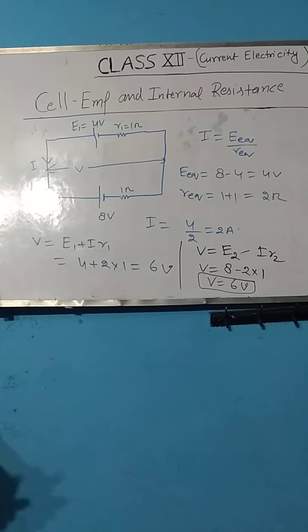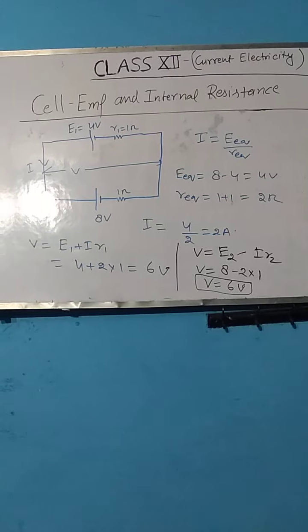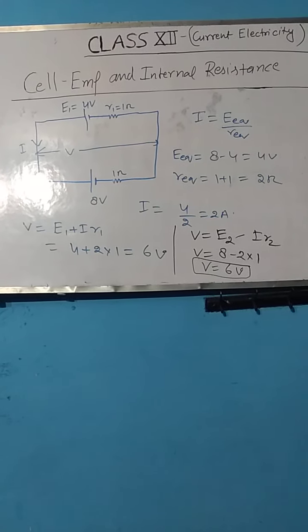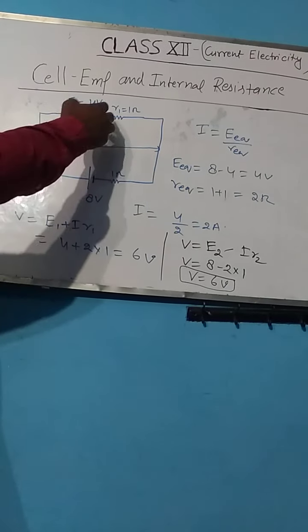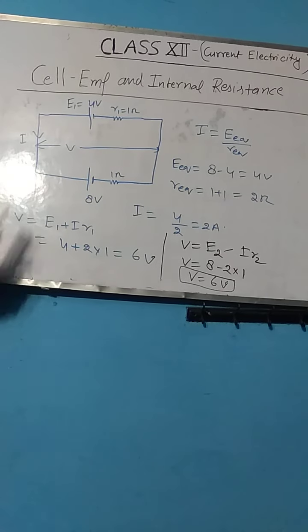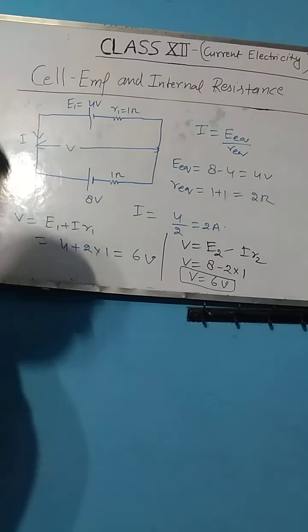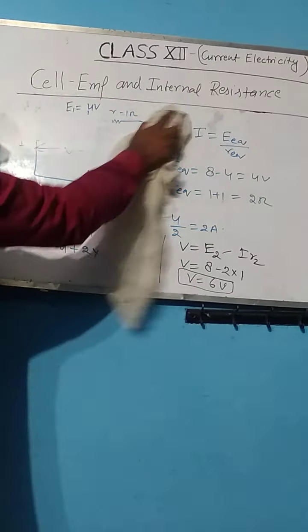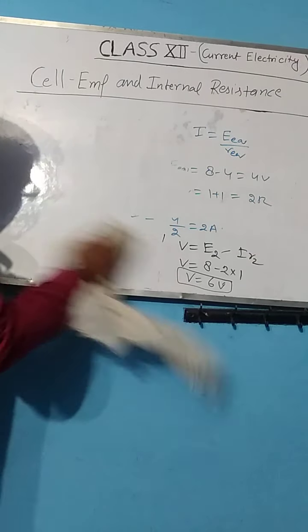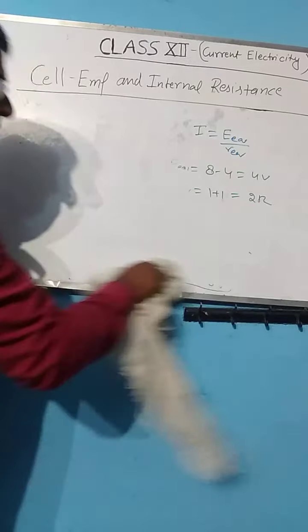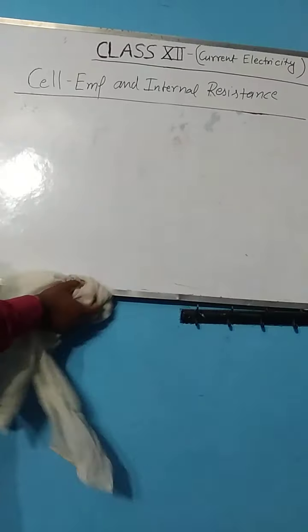Okay, now we have to go for the cell in series. So we have to discuss the cell in series, when n identical cells are in series and all the internal resistances are equal, then what is the resultant of this cell in series?